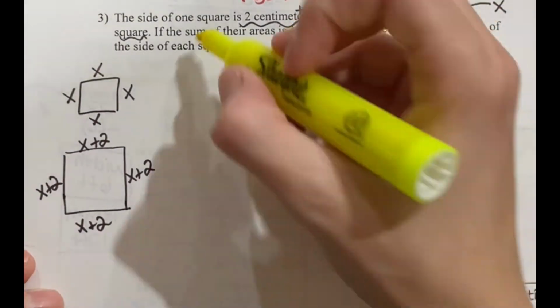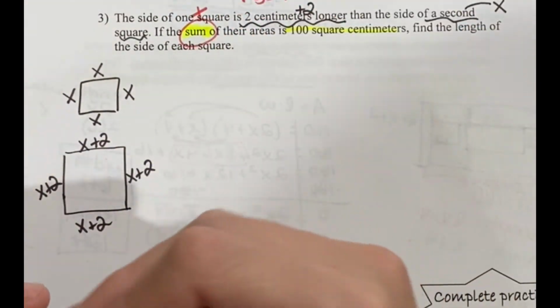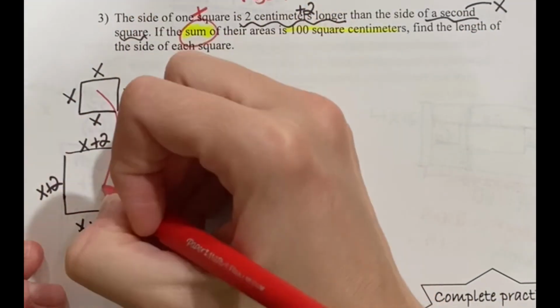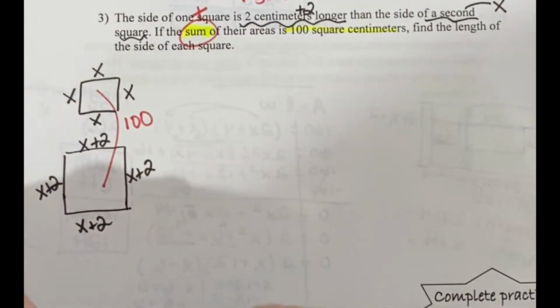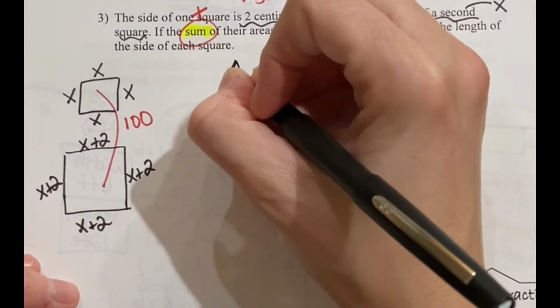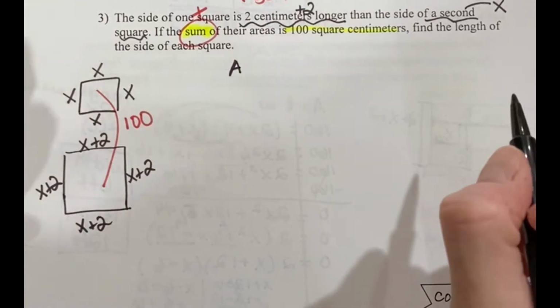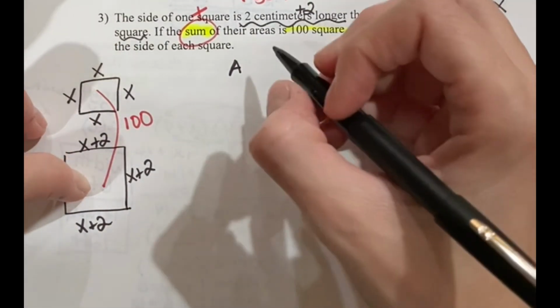Now it's saying the sum of their areas is 100 square centimeters. So now sum means when I add both of their areas, so both of these areas combined would give me 100. So then in order to solve here, the area here of 100 is equal to the area of the first square and the area of the second square.